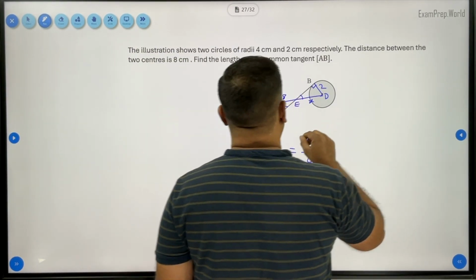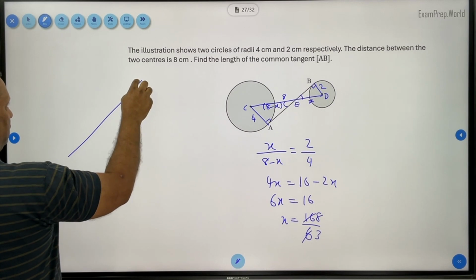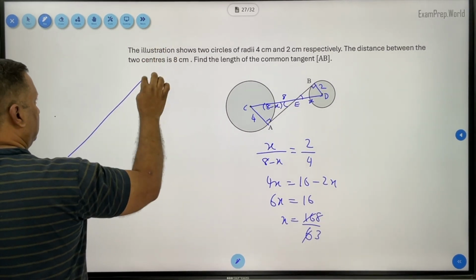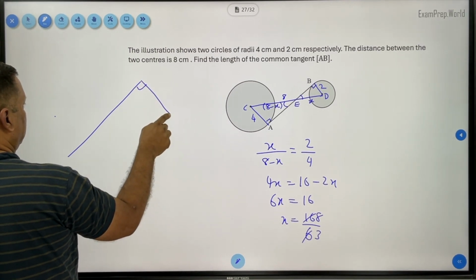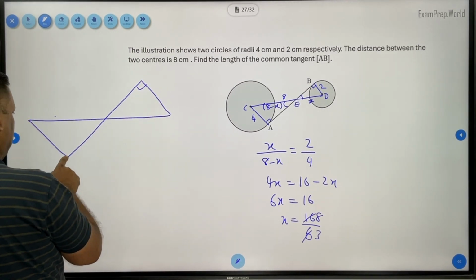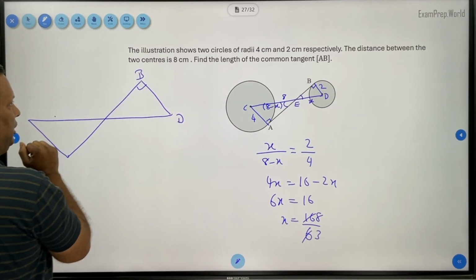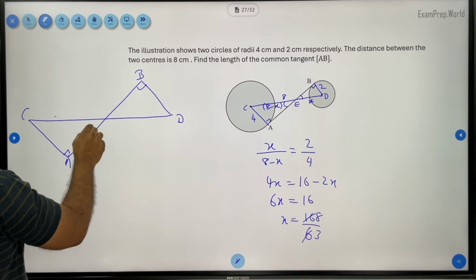Now look at this. Once again I am going to draw this. 90. This is D, B, A, C. Here this is 90.